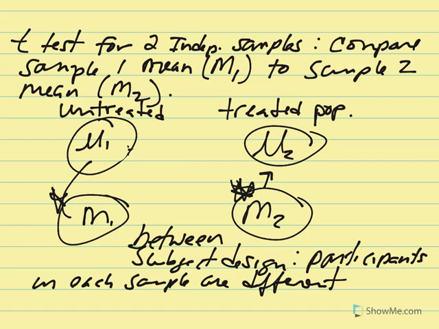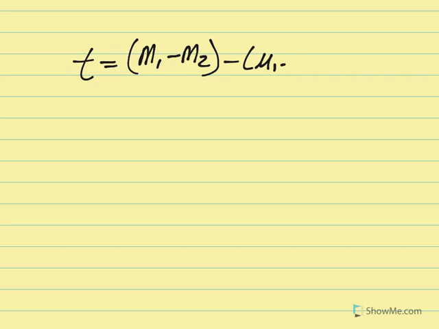Again, this is pertinent to chapter 10. So our equation for our t-statistic is as follows. Our new t-statistic is t equal to, again, we're looking at the mean difference between two samples. So sample 1 minus sample 2, and then we take population 1 minus population 2, and I'll speak more to that in just a second.